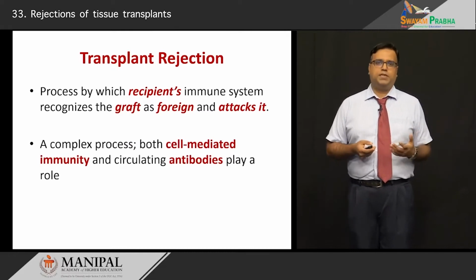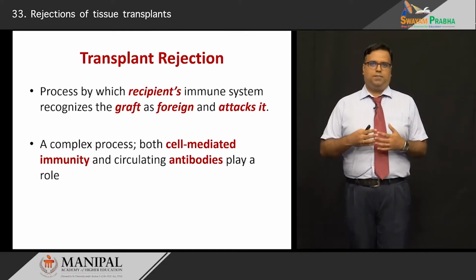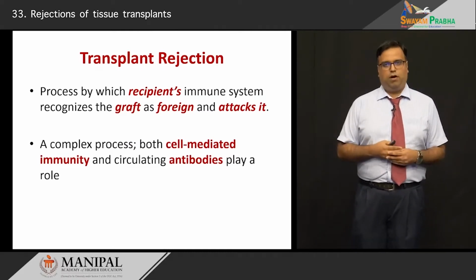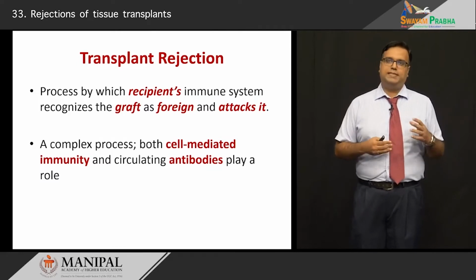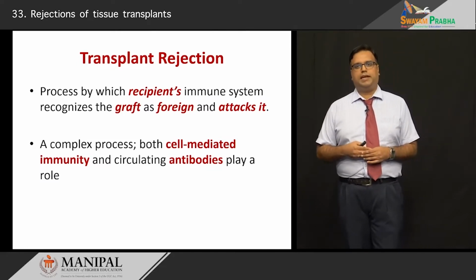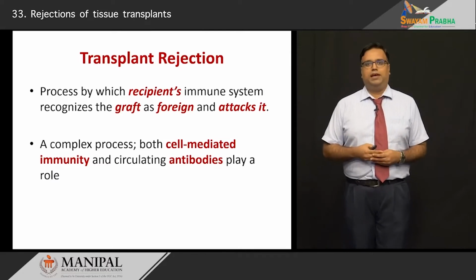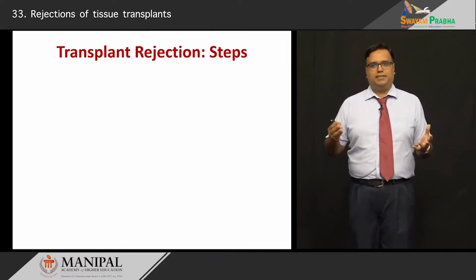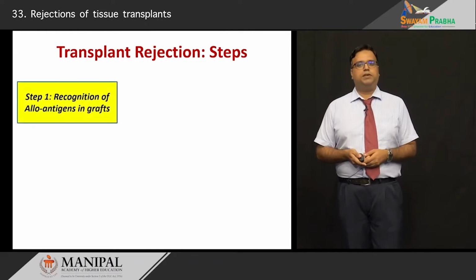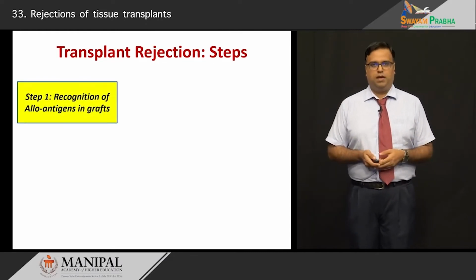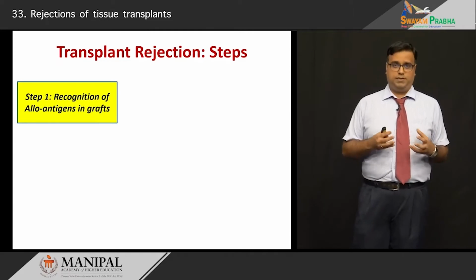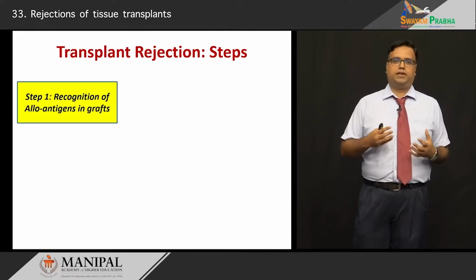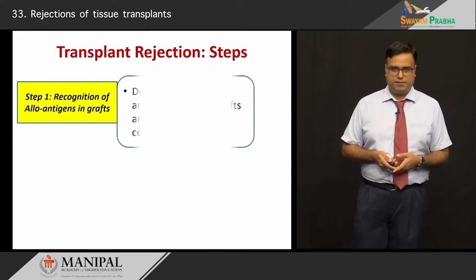Now, this is a very complex process as it involves a lot of cells of the body mechanisms. Both cell mediated and circulating antibodies do play a very active role in rejection of the graft. Now, if you want to study this systematically, there are two important steps by which this convenes. First and foremost, it has to recognize the allo antigens in the grafts.